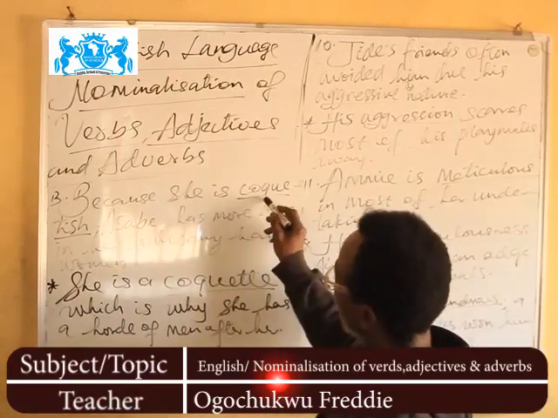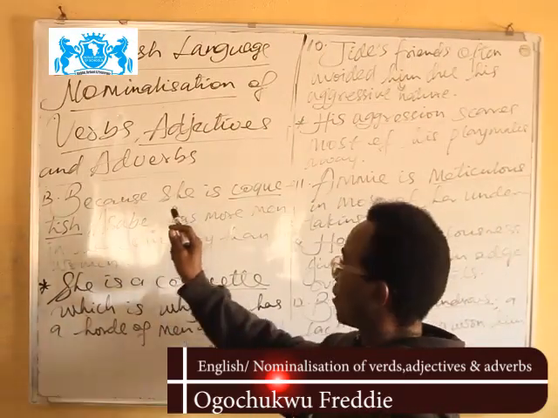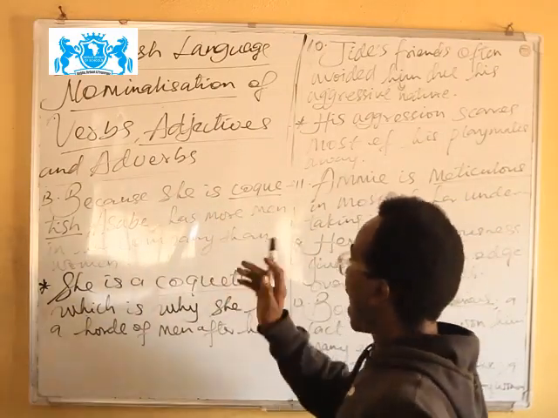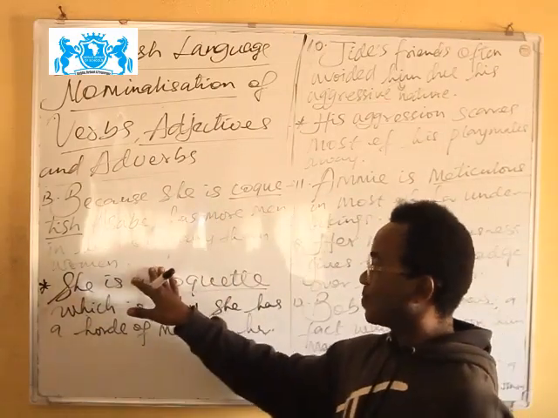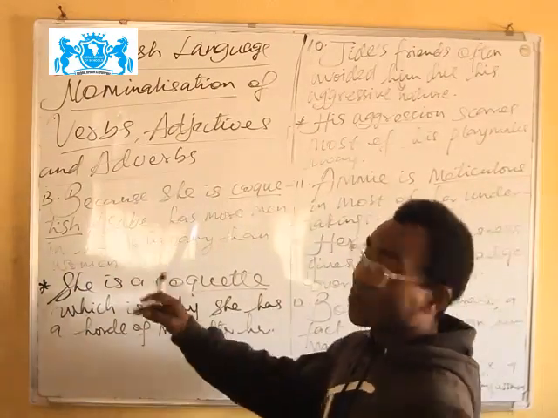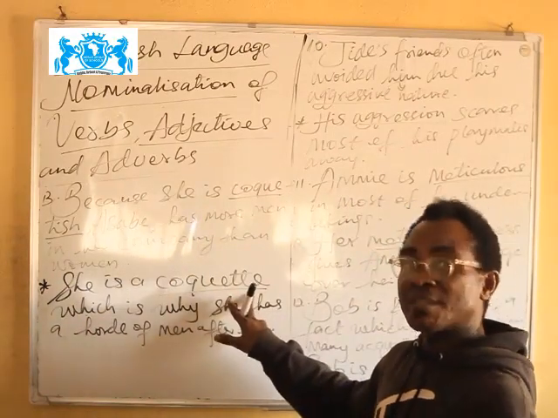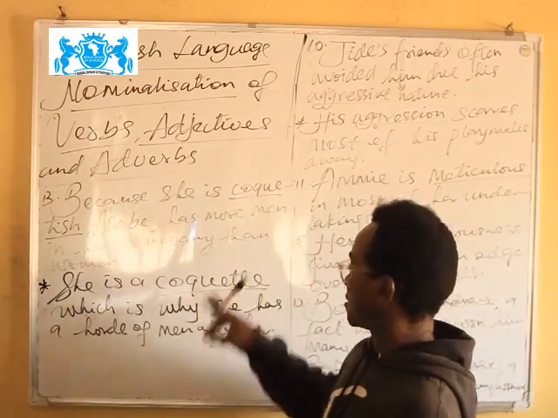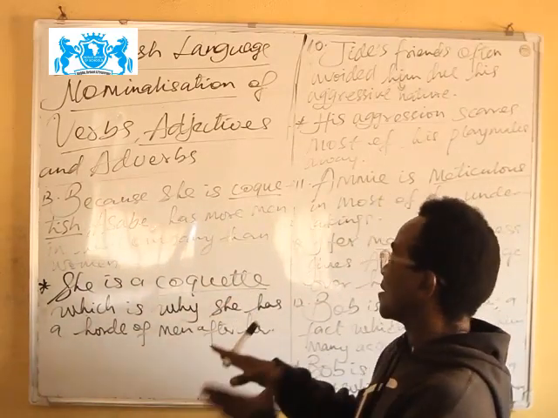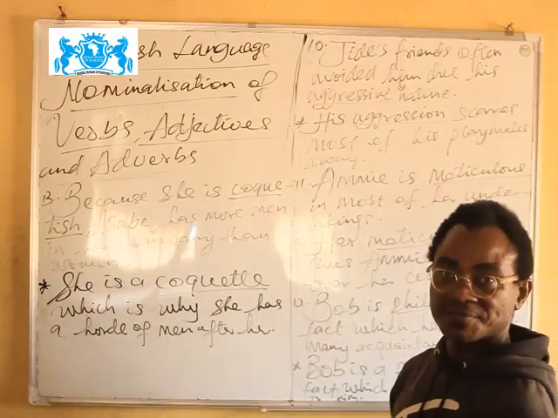That means coquettish qualifies the noun Asabe or the pronoun she. Because she is coquettish, Asabe has more men in her company than women. Good. Now rewriting this sentence, we have she is a coquette. So the noun form or nominal form of coquettish is coquette. She's a coquette, which is why she has a heart of men after her.